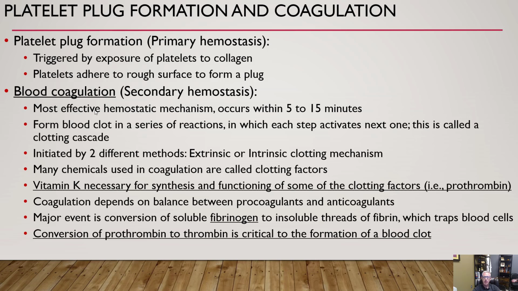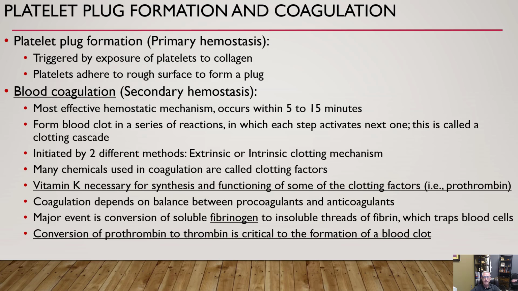The blood coagulation pathway is very effective, and it occurs in about 5 to 15 minutes after the injury. We have our platelet plug, and this blood clot is going to form in a very stepwise process called the clotting cascade. And we'll look at the clotting cascade here in a few slides.